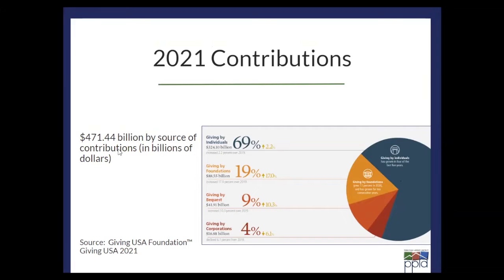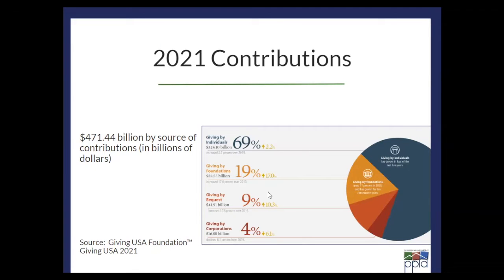And as we can see, over $470 billion in contributions were given in 2021 to nonprofits, but over 324 billion was actually from individuals.